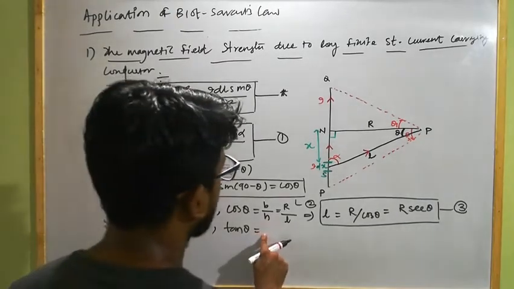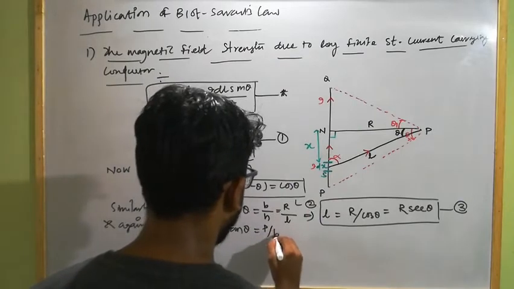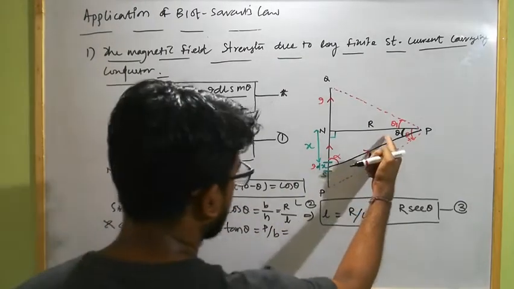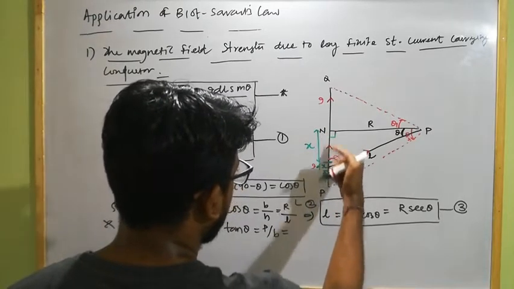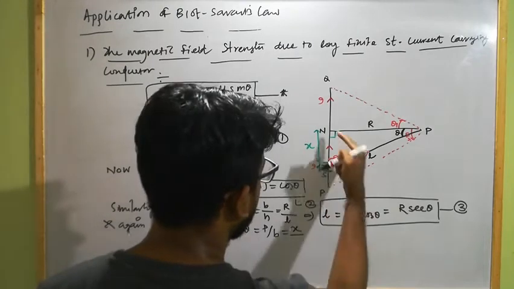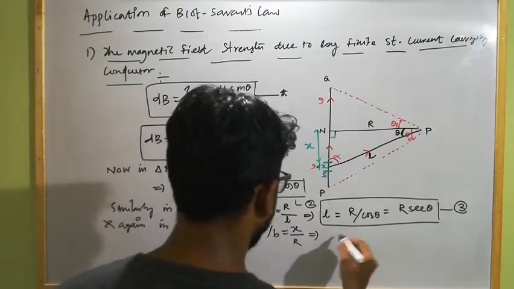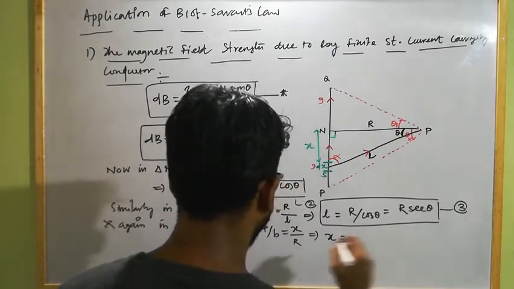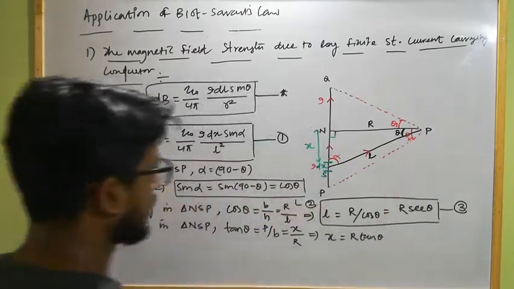Tan theta equal to P by B. P means this one, which is X, and B means this one, R. So from this you can get X equal to R tan theta.